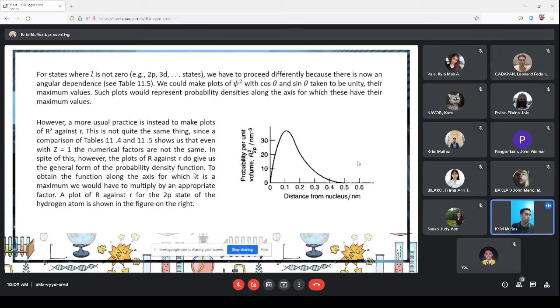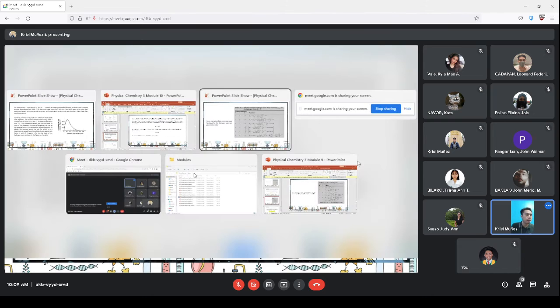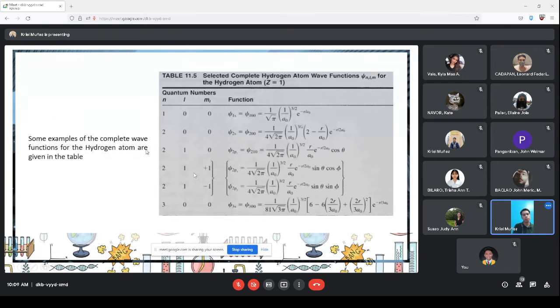Such plots would represent probability densities along the axis for which these have their maximum values. So for example, class, if nakadepend siya sa cosine theta, and then yung cosine theta is nilagay mo to maximum, you would see na, for example, dun sa ating ibinigay na wave function, for example, 210, so this is the cosine theta.